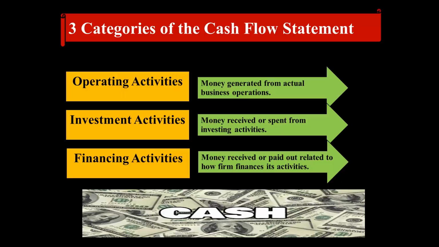Operating activities include cash or money generated from the actual business operations. Investment activities would be money received or spent from investing activities, and financing activities would be money received or paid out related to how a firm finances its activities.